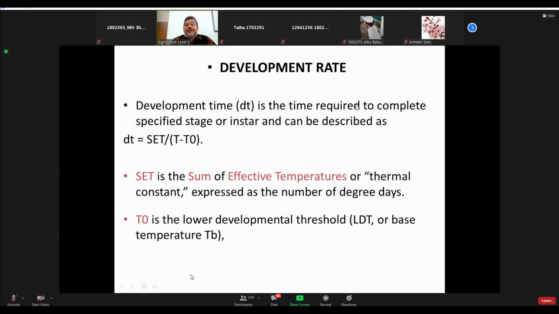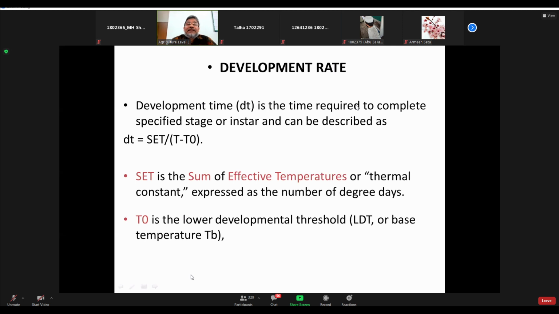Dividing the development by the total, we understand how much development happened in one day. That is the developmental rate. An insect may take 30 days to complete its development. In 1 day, what was the rate of development? That is the developmental rate.